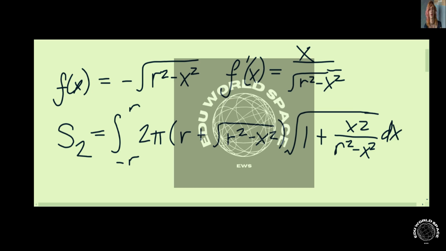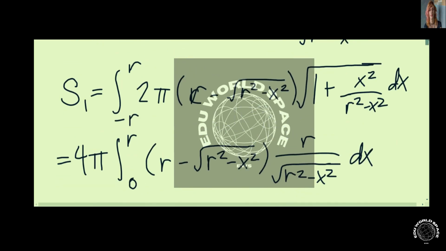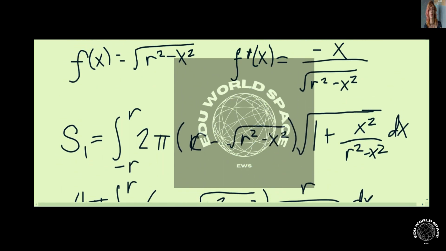We see this is really identical to S1, except we have r plus instead of r minus the square root of r squared minus x squared.